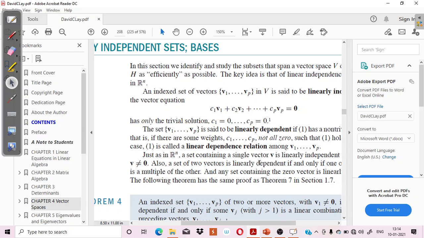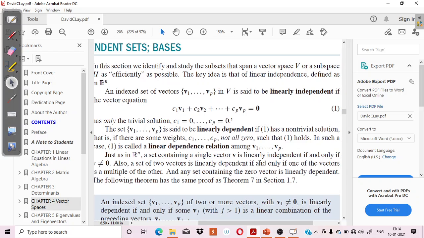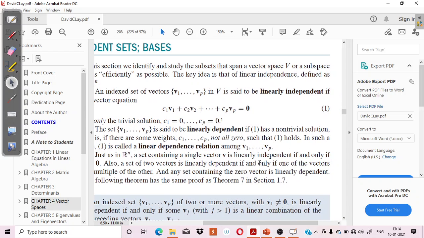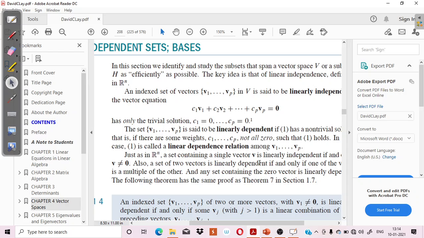And also, a set of two vectors is linearly dependent if and only if one of the vectors is a multiple of the other.